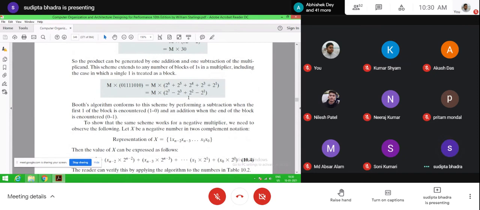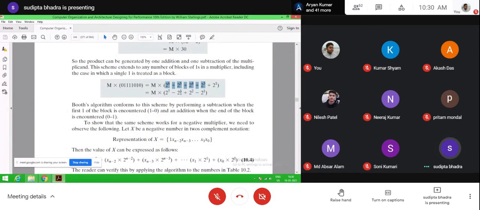Now here the normal multiplier value is the summation of these 5 bit positions. But if we take the 2 to the power n plus 1 minus 2 to the power n minus k form, then these 4 terms can be represented by 2 to the power 7 minus 2 to the power 3.